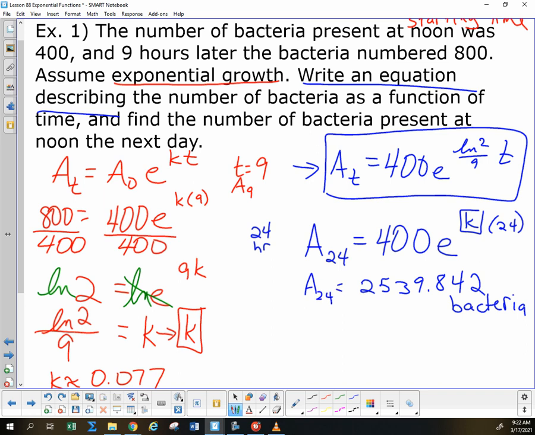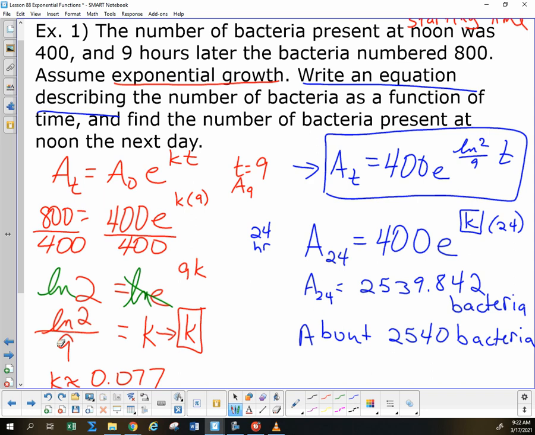And if you think that it makes more sense in the context of the problem to also write about 2,540 bacteria, you may do that, depending on the context of the problem, because you wouldn't really have a fraction of a bacteria in there. But I want to see the decimal just to check your work that you were on the right track. Everybody okay there?